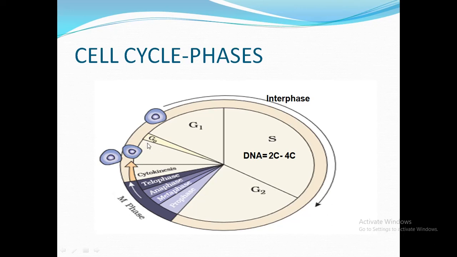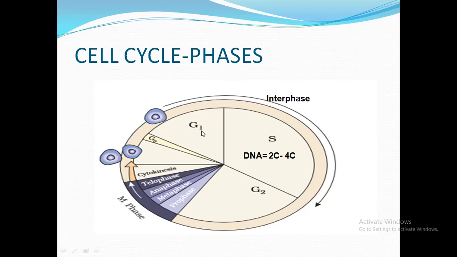The activities of the cell will be going on, but the cell is not preparing to divide. So if a cell is in G naught phase, it is doing its regular functions, and whenever the cell decides to divide, then it enters the next phase of the interphase, that is called G1 phase.